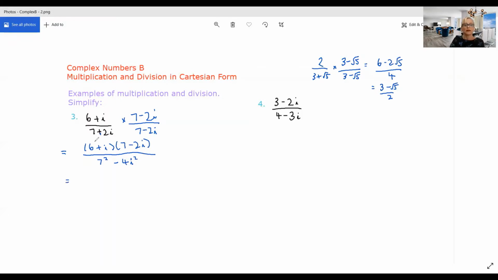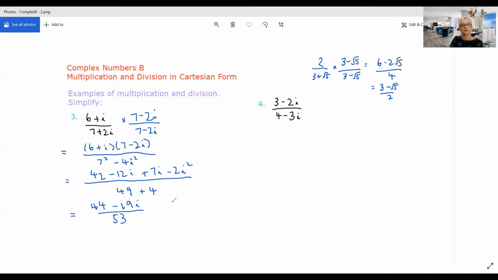Okay, expanding, so we're going to get 6 times 7, which is 42, minus 12i, plus 7i, minus 2i squared, all over 49. Now, if you're subtracting 4i squared, you're really adding 4. Same thing here. If you're subtracting 2i squared, you're really adding 2. So we've got, for our real part, 44. For our imaginary part, minus 19i, all over 53.